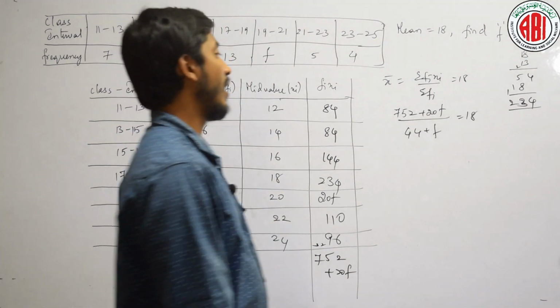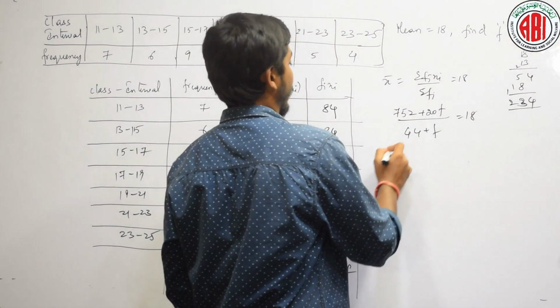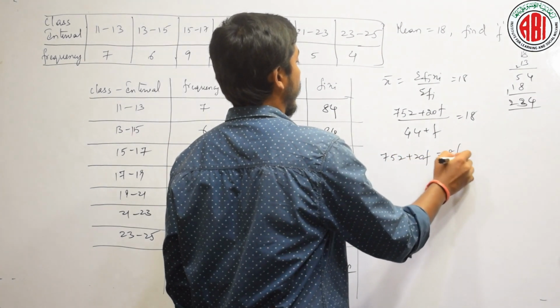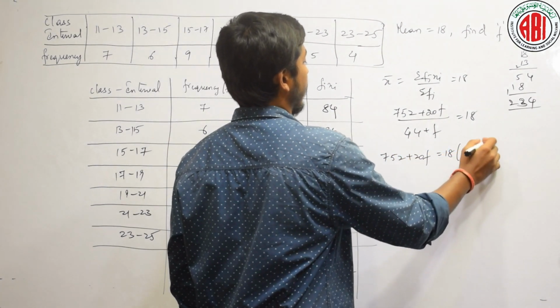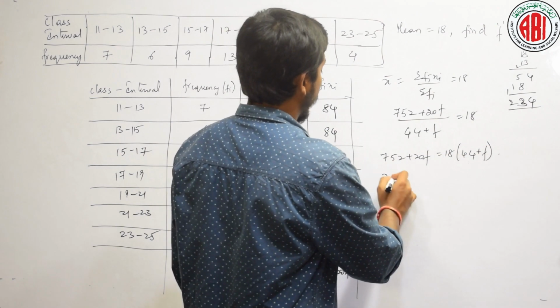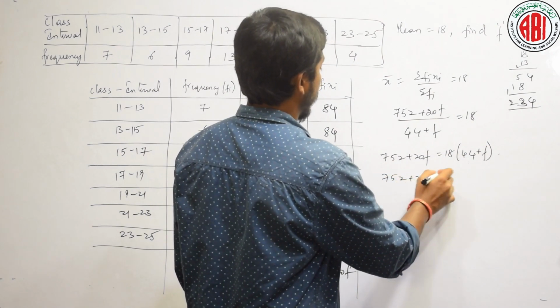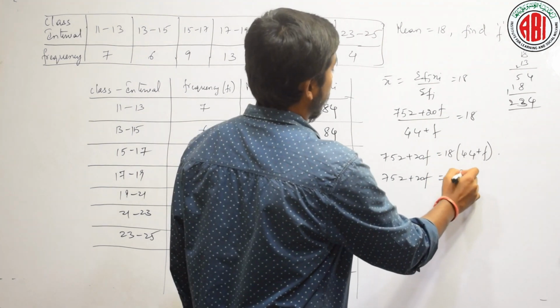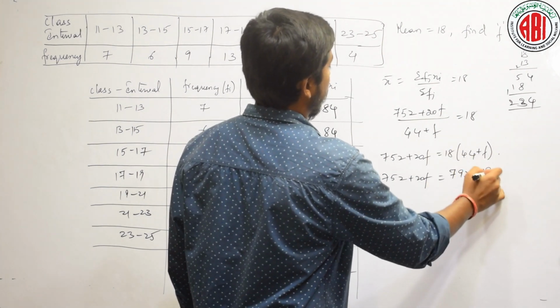Is it right? Now we have to cross multiply: 752 plus 20f is equal to 18 into 44 plus f. The next, 752 plus 20f is equal to 18 into 44, 792, plus 18f.